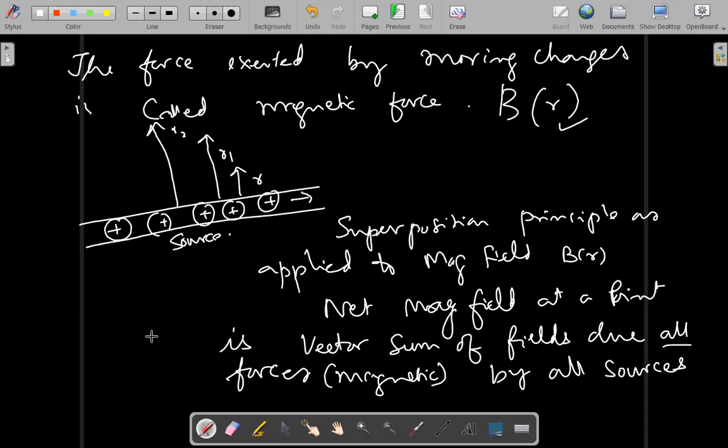That means you add up all the sources, for example, B1R, B2R, B3R, whatever. So we are now considering one point.